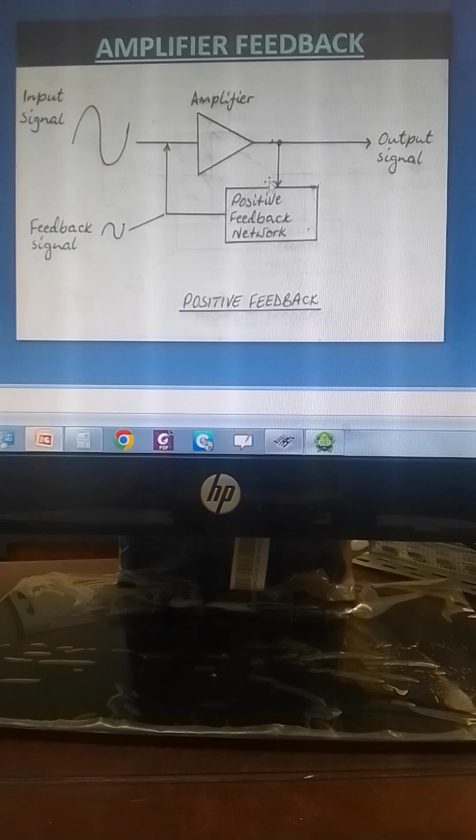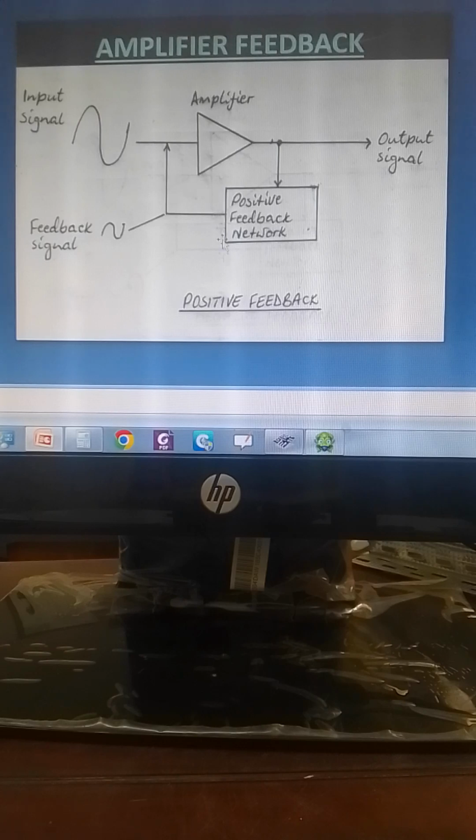So what we are talking about here, the positive feedback, like this one here, there is an input signal through the amplifier to the output. This is the feedback network. So the feedback network will come through. As you can see here, the feedback signal is smaller than the input which we have here.